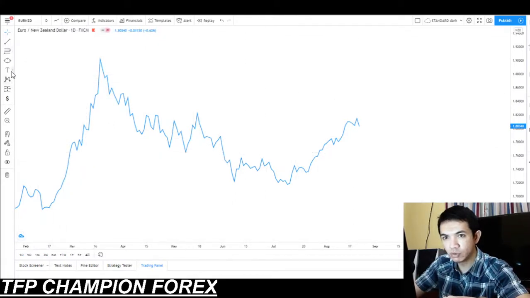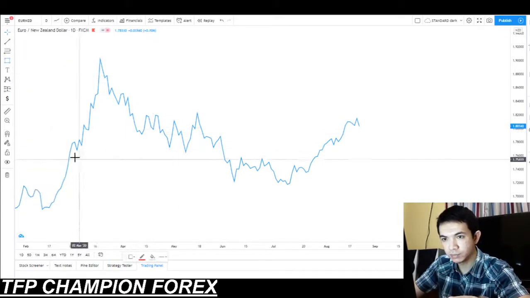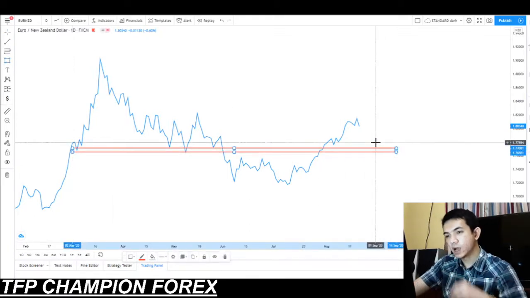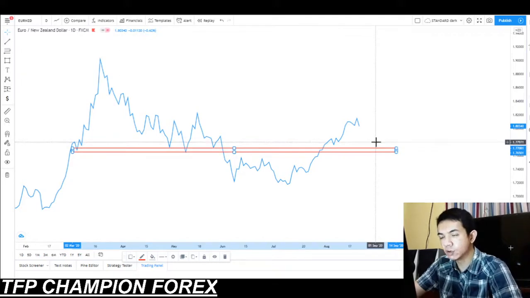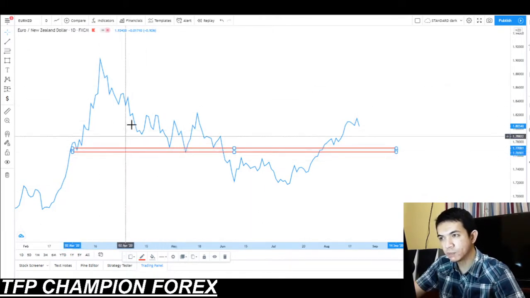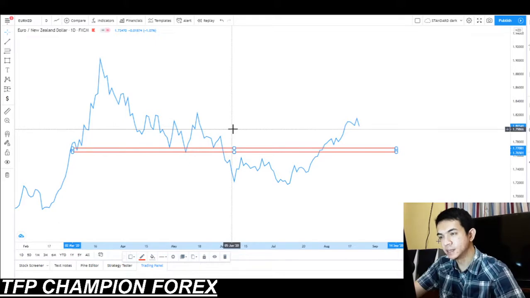So if I would draw a key significant level or zone, I would put it here, right? So how do we know if the price level or zone is a significant level? As long as the price reacted to that level or zone twice or more, we can say that that specific level or zone is a significant level or zone.